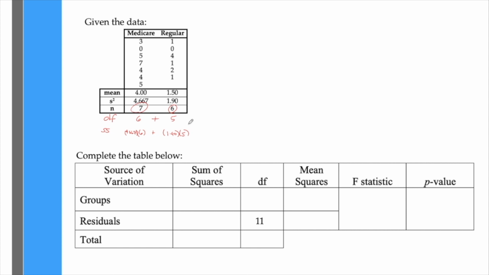The sum of those two values will give us 37.502. And 37.502 divided by 11 will give us a mean squares of 3.409273. And since we have 13 samples here, then the total degrees of freedom, which is n minus 1, is 12.